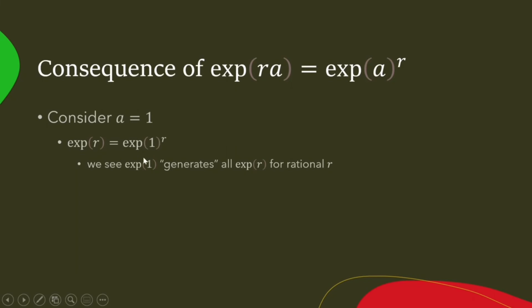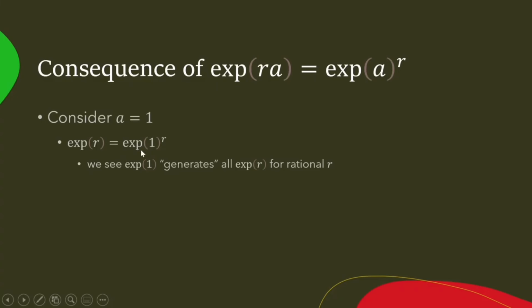And so a way of interpreting this is that exp of 1 generates all values exp of r for rational r. So in other words, if we wanted to know what exp of r is when r was a rational input, in principle, we could start with the value exp of 1, which suppose we already know, and then raise that value to the power r for this rational exponent, and that quantity would give us the value of exp of r.